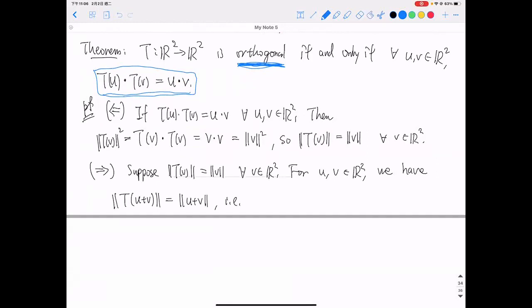We can square these two things, and that gives us T of U plus V dot T of U plus V equal to U plus V dot U plus V.